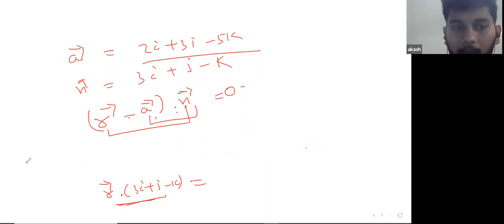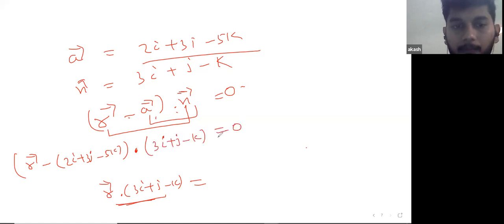This is r minus a vector, which is 2i plus 3j minus 5k, dot n vector, which is 3i plus j minus k, equals 0. Now I distribute them, open the brackets.